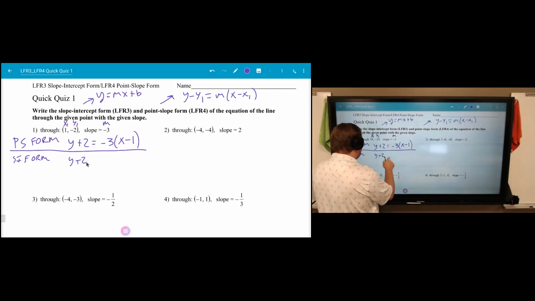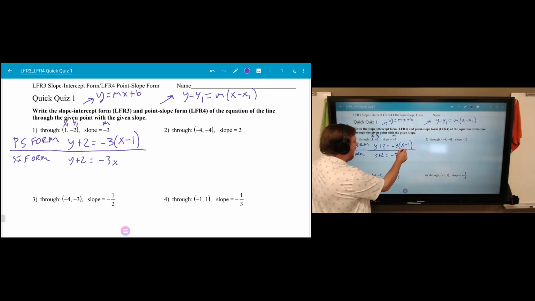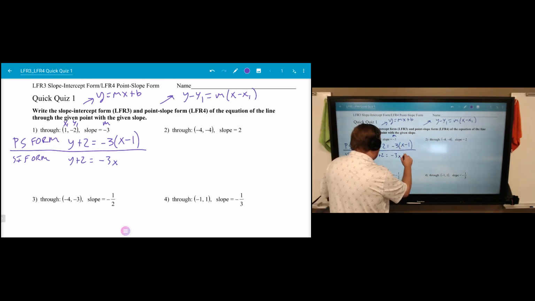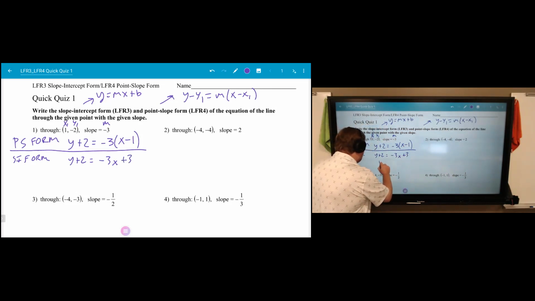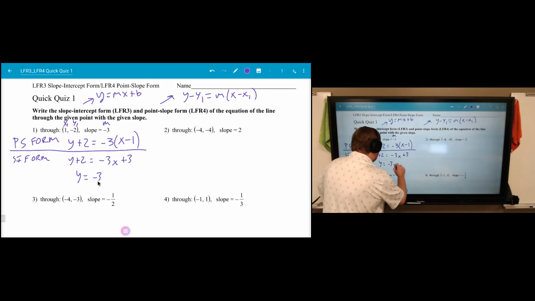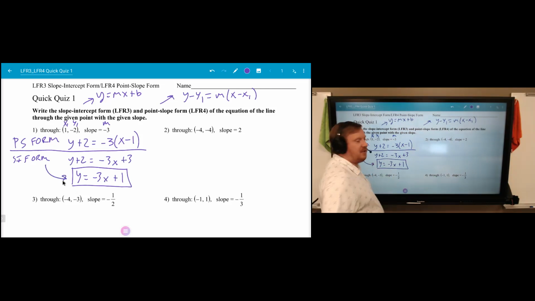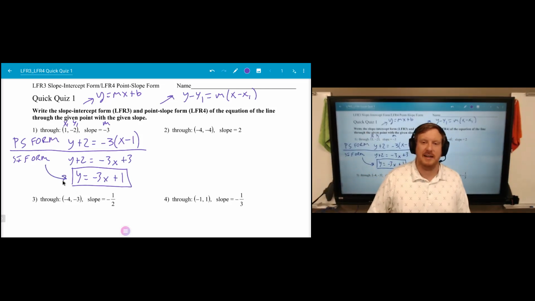Y plus 2 equals negative 3x. So negative 3 times x is negative 3x. Negative 3 times negative 1 is plus 3. I subtract 2 from both sides. Y equals negative 3x plus 1. And guess what? You've just done both forms, just like that.